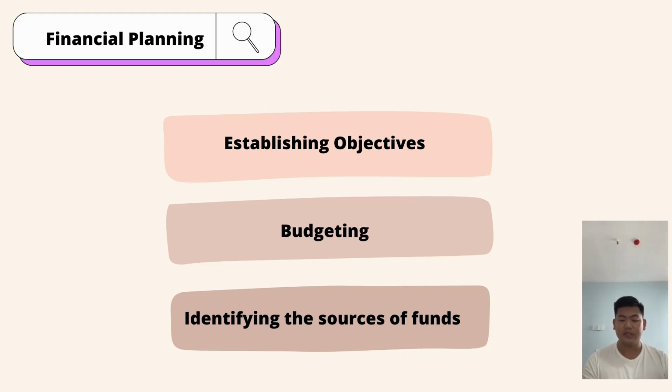Establishing objectives. This should be clear and specific to determine their cost of budget. Objectives should be realistic. So the main objective is it must be realistic. It must not be biased. There should be no lies in our financial statement or financial planning.